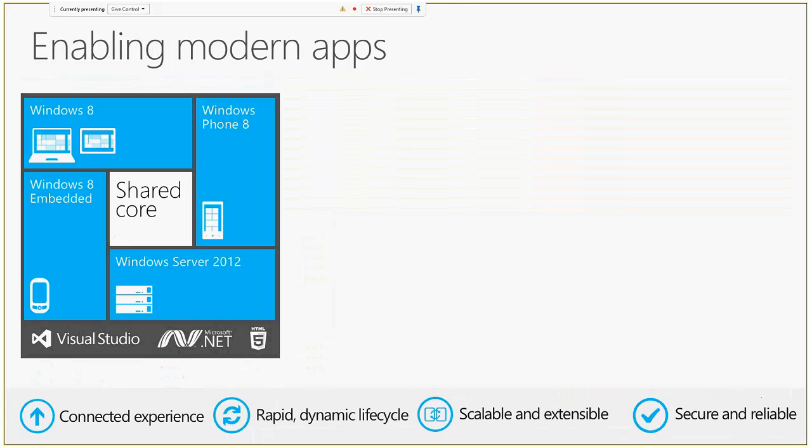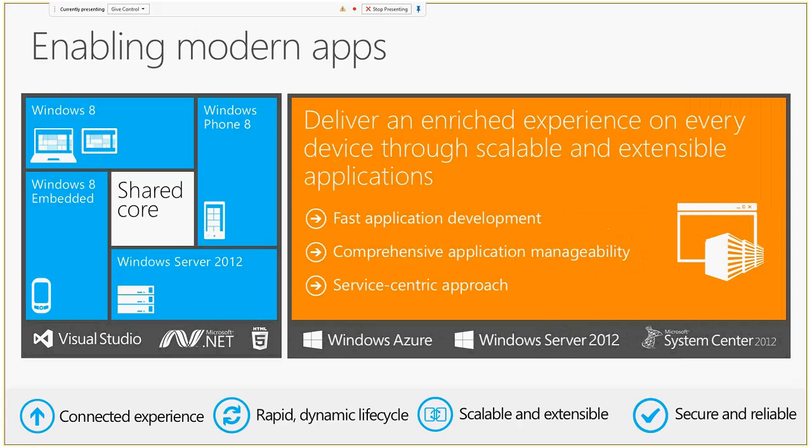In terms of enabling modern apps, Microsoft really moved forward with a shared core. We've seen this with Windows 8, regardless of the device you're running on. We also see this across some of the other various platforms, whether it's server, Windows Phone 8, or some of the Windows embedded devices.